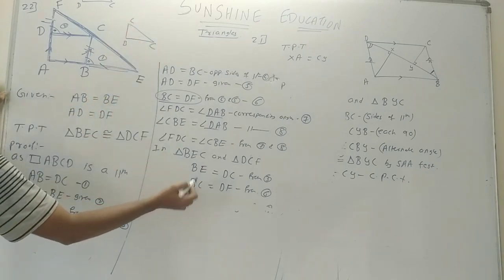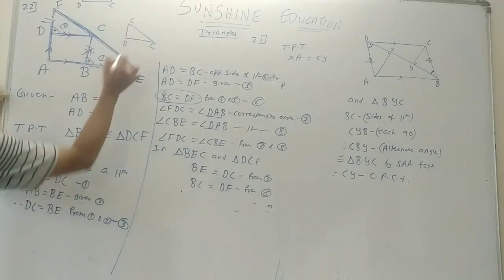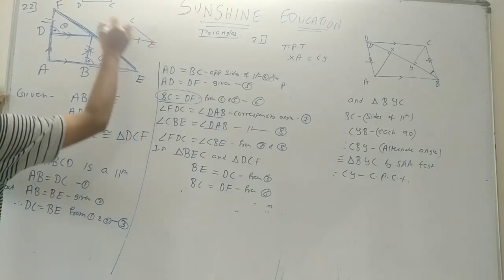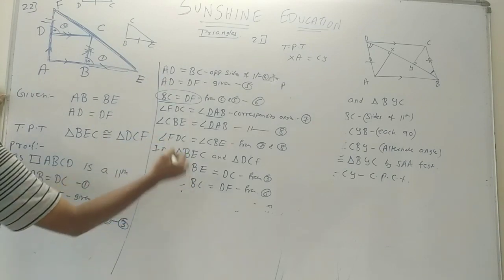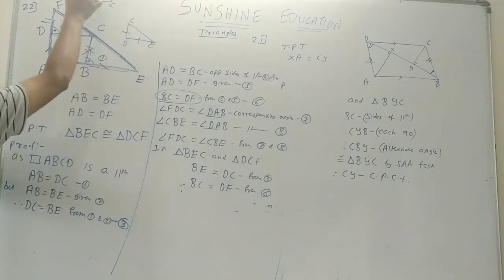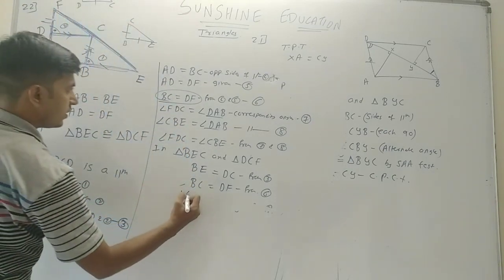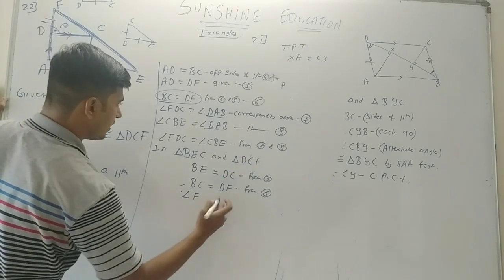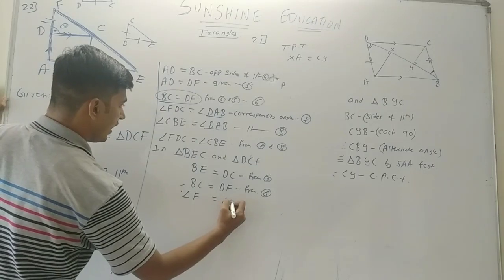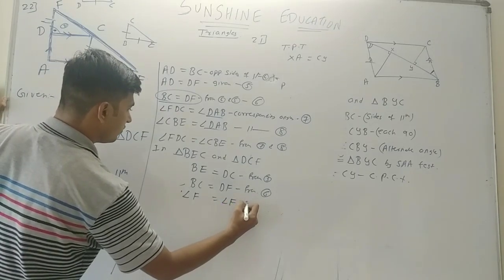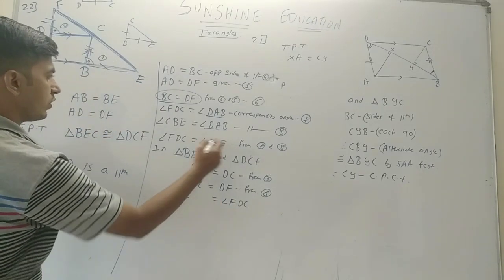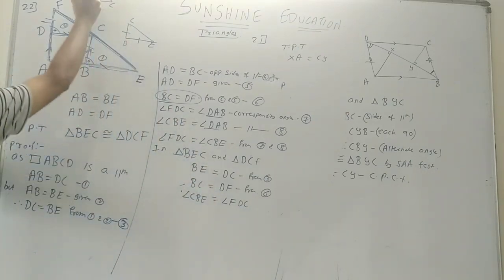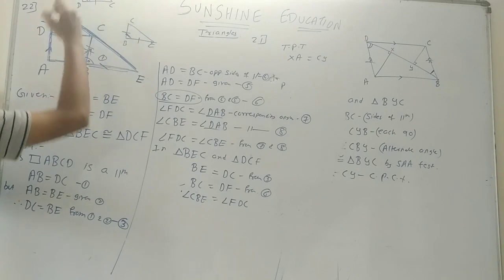Okay, just see it. BE is equal to DC. BC is equal to DF, and angle FDC lies in this triangle FDC. FDC is equal to CBE.